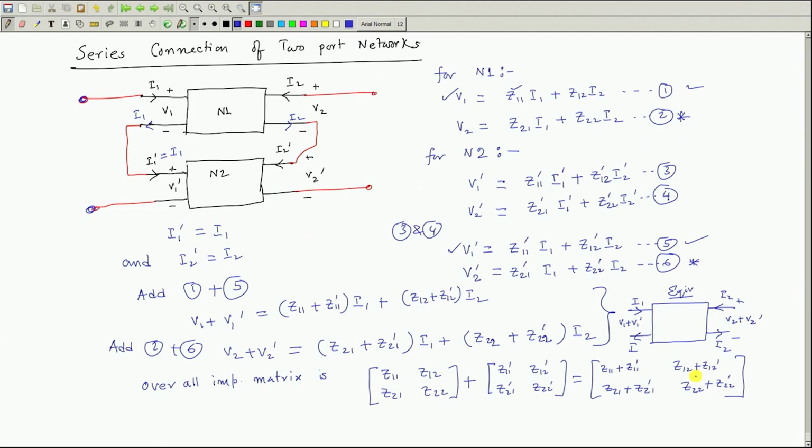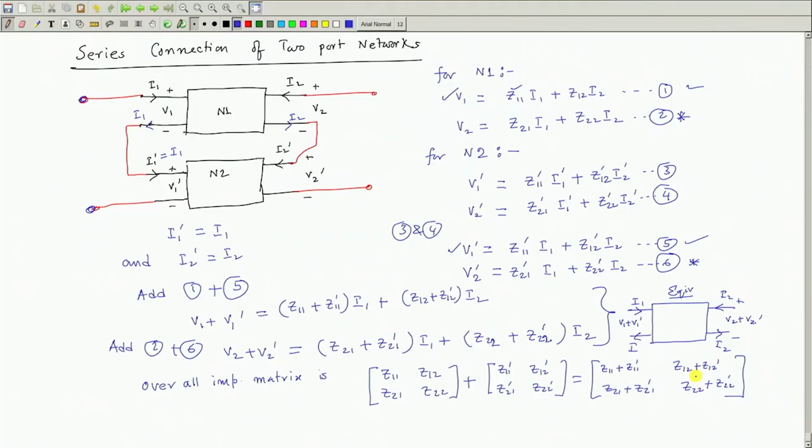Obviously, you can easily feel that any two port network can be represented in several ways, either in terms of Z parameters, ABCD parameters, Y parameters, like that. But if they are series connected, I can replace this series connected two port network by a single two port network, whose parameter values you can get by just adding the impedance matrices you know separately here and there. Very simple.